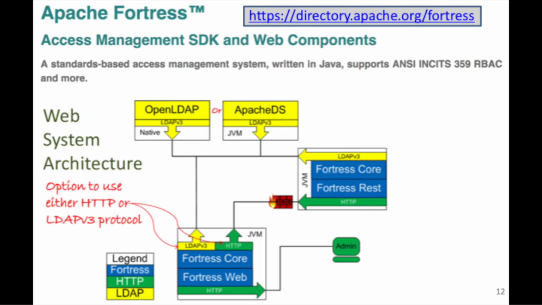Okay, so this eye chart is Apache Fortress. Again, that's the project that I founded and I maintain, and that is an implementation of role-based access control, INCITS 359. It fully implements it. So what does it do? Think of it in terms of it's not an application. It's something applications use.